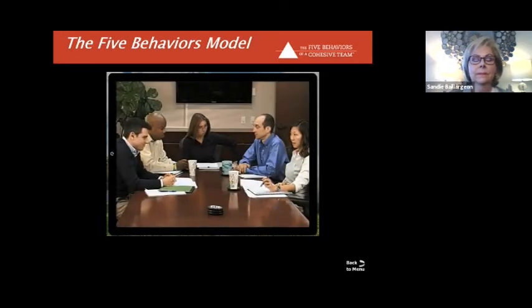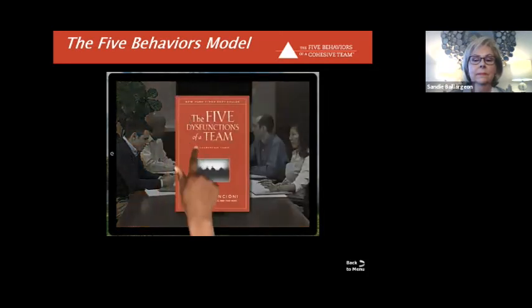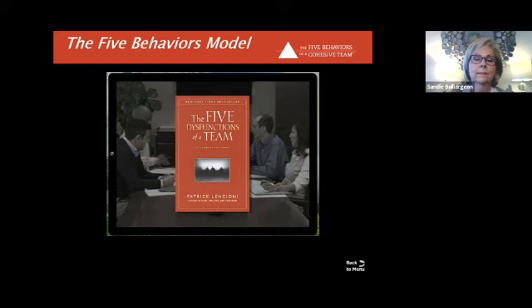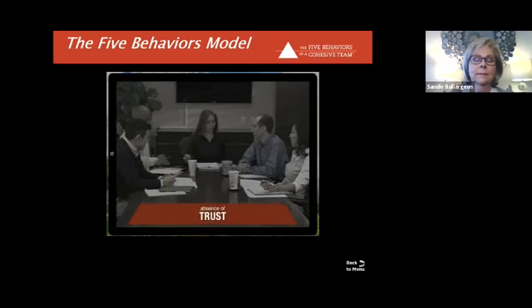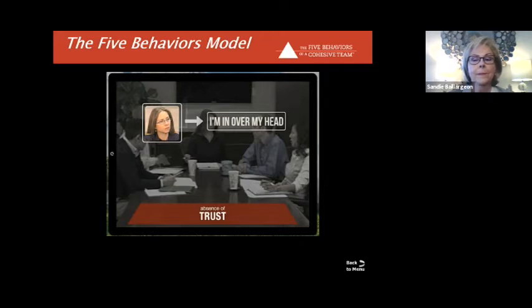In his New York Times best-selling book, The 5 Dysfunctions of a Team, Patrick Lencioni identifies 5 core dysfunctions that most teams face. The first dysfunction is an absence of trust among team members. This stems from their unwillingness to be vulnerable within the group. Vulnerability is about being able to say and genuinely mean things like, I screwed up, I need help, and I'm sorry.